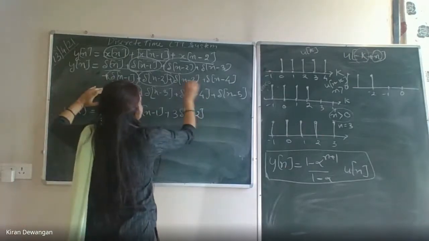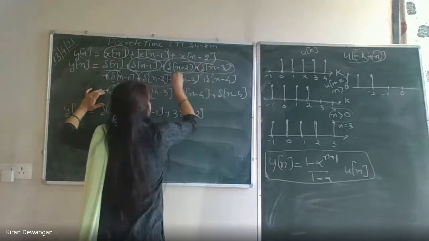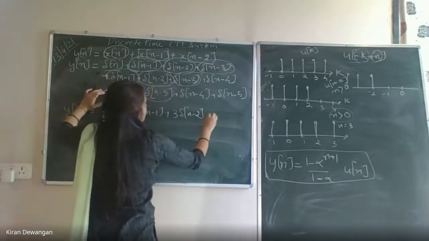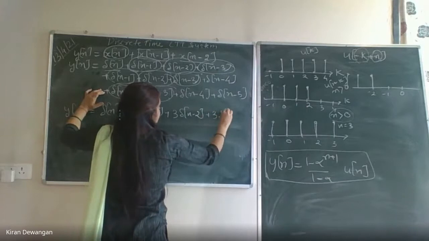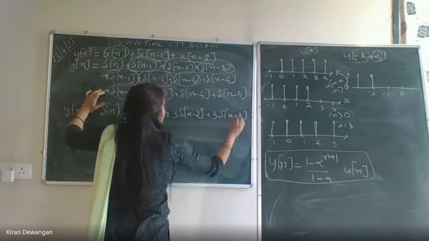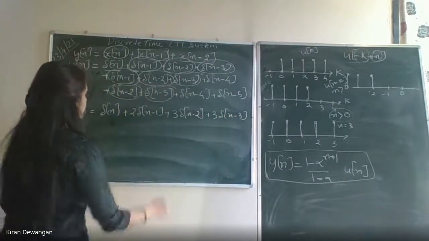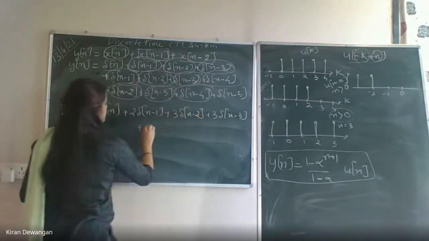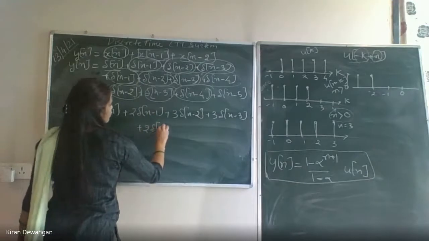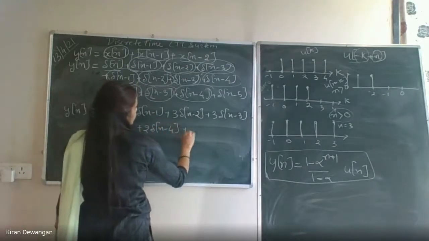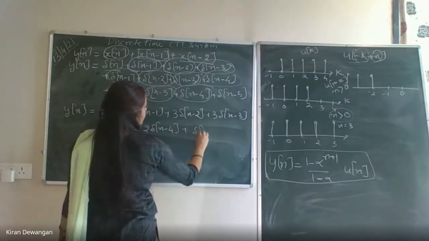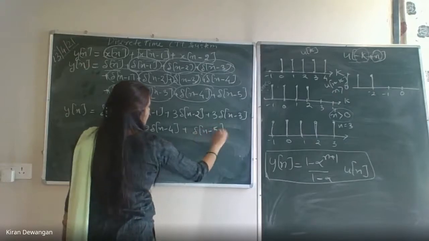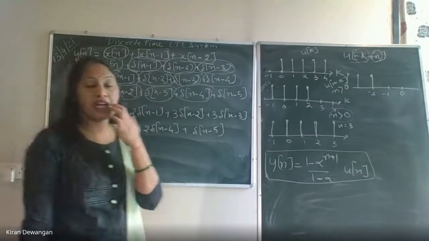Then n minus 3 is also taken twice. Plus 3 times del of n minus 3 plus n minus 4 is taken twice. 2 del of n minus 4 plus del of n minus 5. So this is going to be my answer.